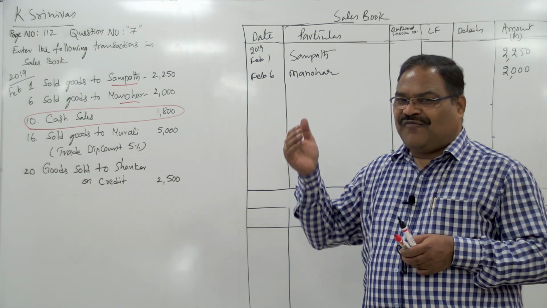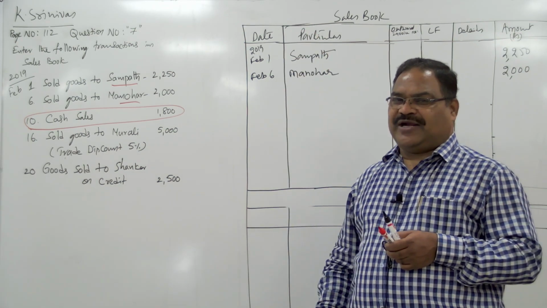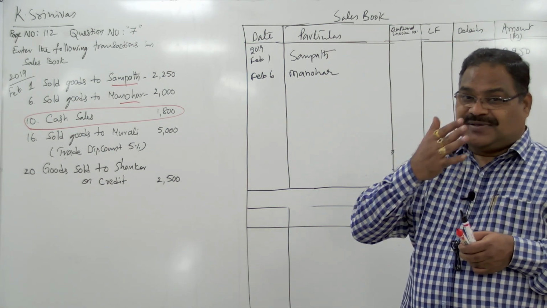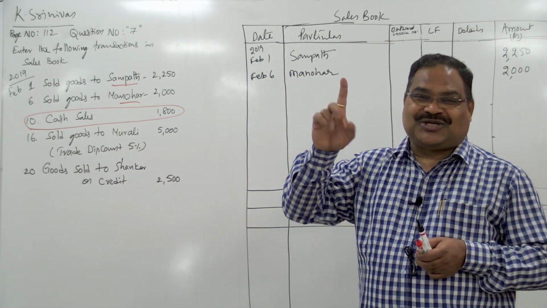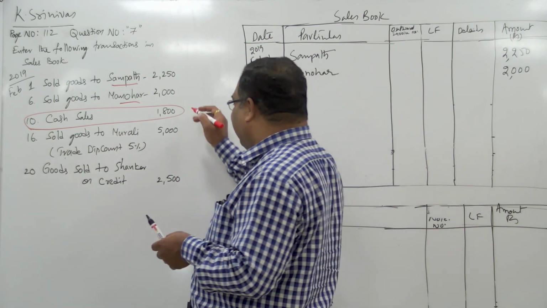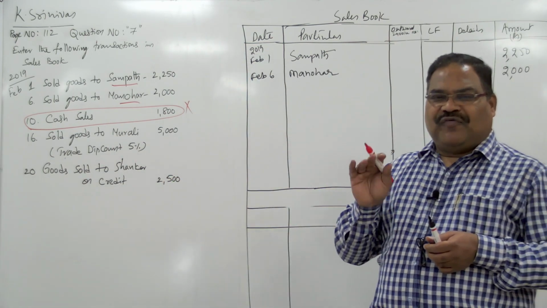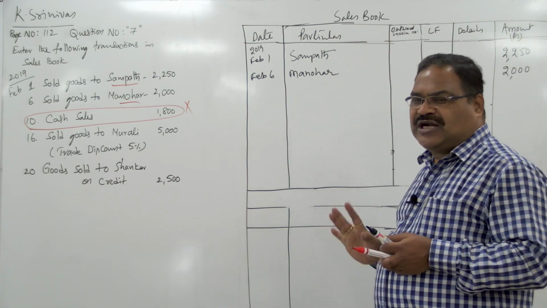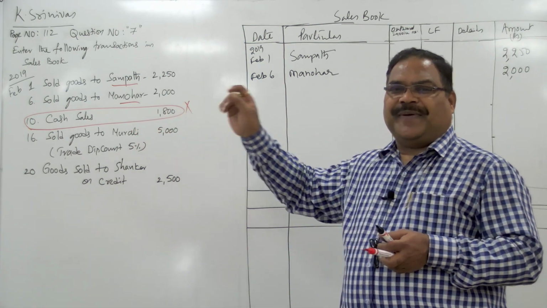Out of the 8 types of subsidiary books I told you from the beginning, this cash sales goes to the cash book. Now we are not preparing that, so we should not take this transaction here. What we require now is only the credit sale of goods, so this cash sales should be ignored.